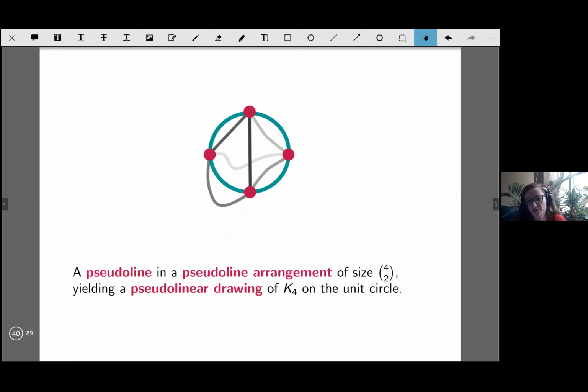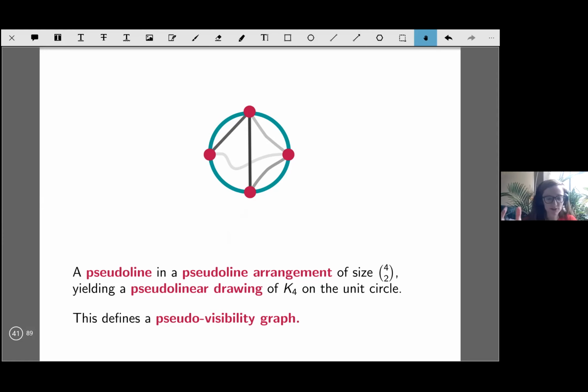And so now if I take any such pseudolinear drawing of Kn, and its vertex set is on the unit circle, say, then I can define a pseudo-visibility graph from that. What I'm doing to define pseudo-visibility graphs is taking a pseudolinear drawing of Kn, whose vertex set is on the unit circle, and I am saying that 2 of the vertices of Kn are mutually visible if the segment of the pseudoline between them is contained in the interior of the unit circle.